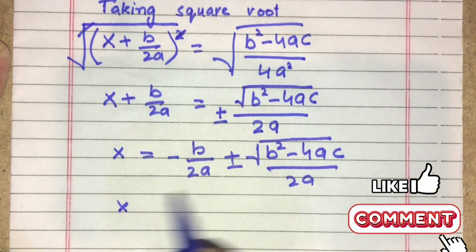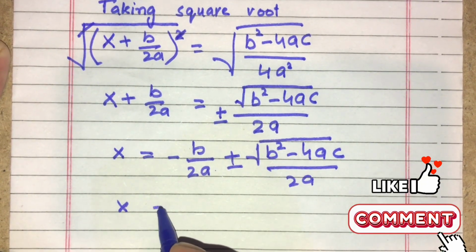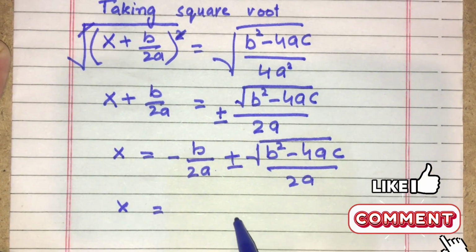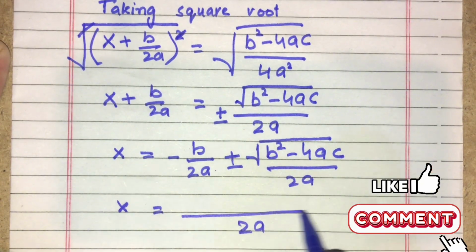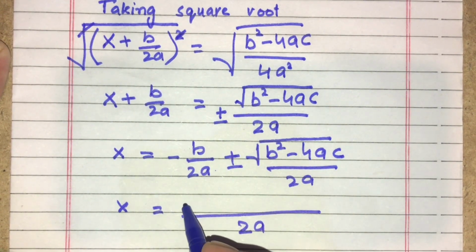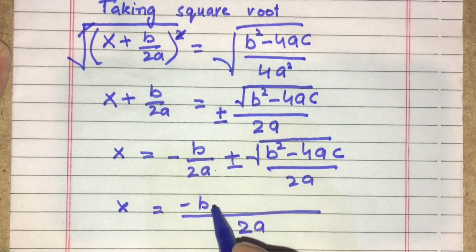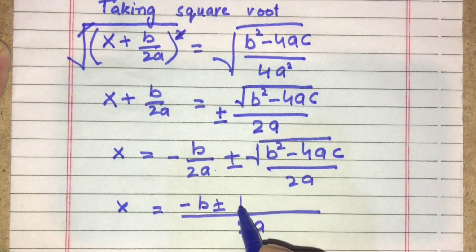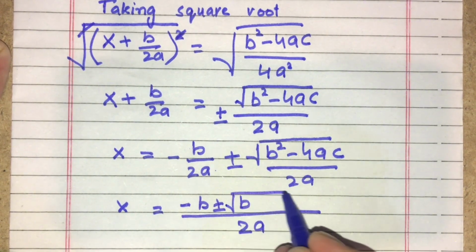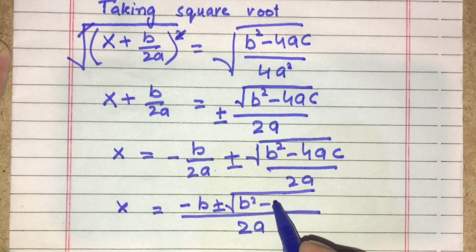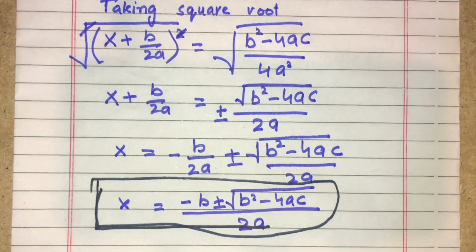As the denominator in both these terms is equal, we'll take 2a common, and in the numerator we'll add the numerators as minus b plus minus square root of b squared minus 4ac. And that is the proof of quadratic formula.